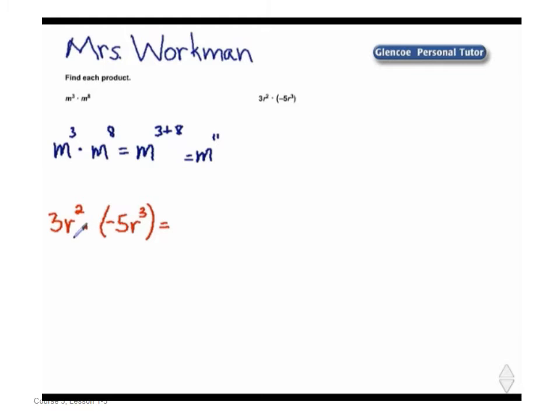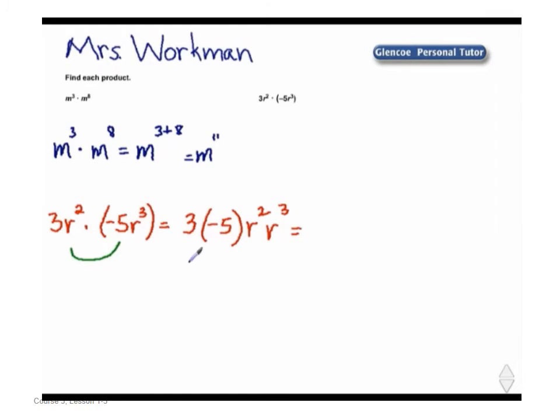So I'm going to use the commutative property right in here and rewrite this expression as 3 times negative 5 times r squared times r cubed.